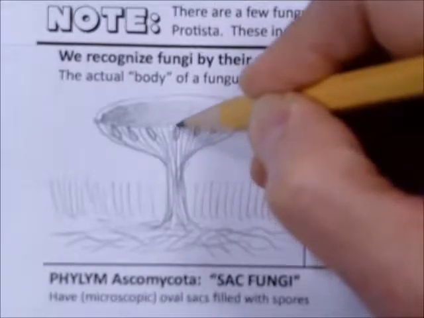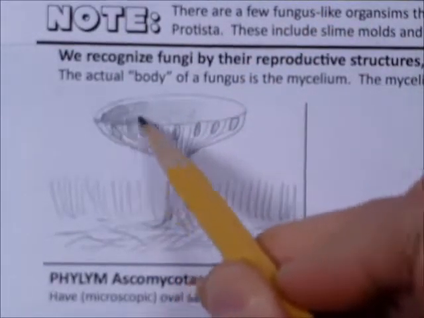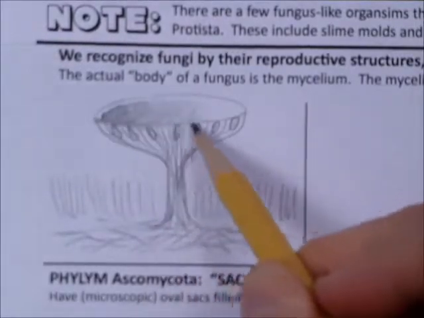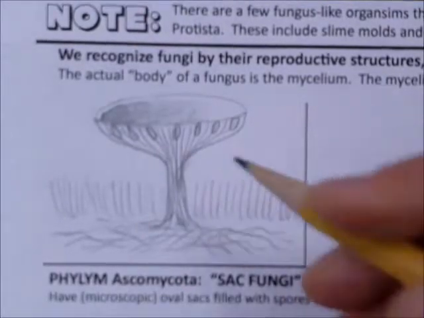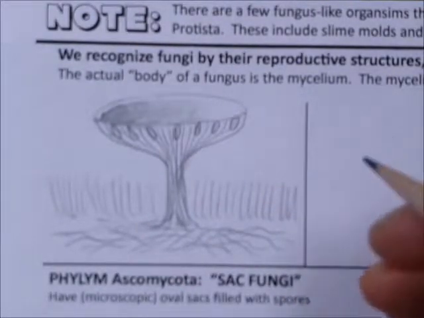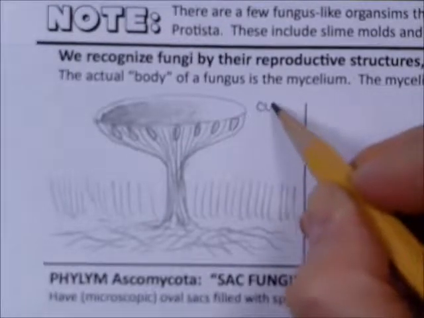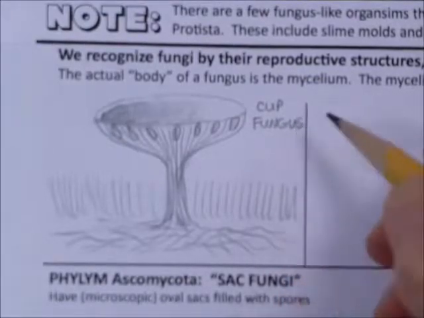It's a thing that will get planted basically, but there's some differences between seeds and spores, a few biological differences, so we have to call them spores, but it acts like a seed. Okay, so this is a cup fungus.